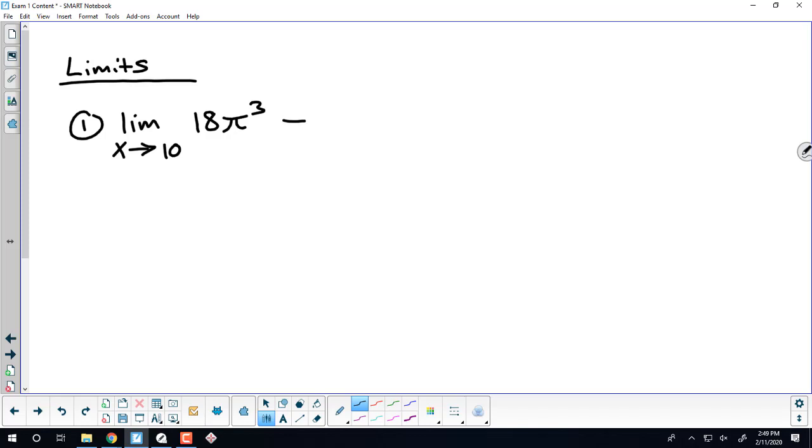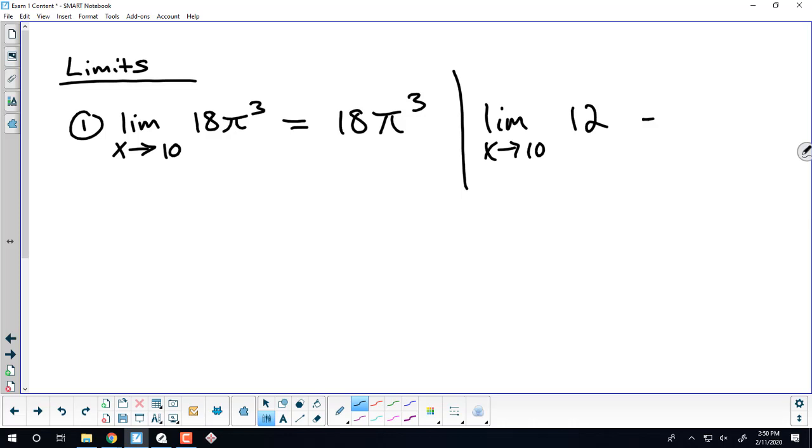What do y'all think? 18 pi cubed. There is no x in there, right? So this 18 pi cubed is just a constant with respect to x. Same thing if I ask you, what's the limit as x approaches 10 of, I don't know, 12? Answer is 12. The y value is always 12.